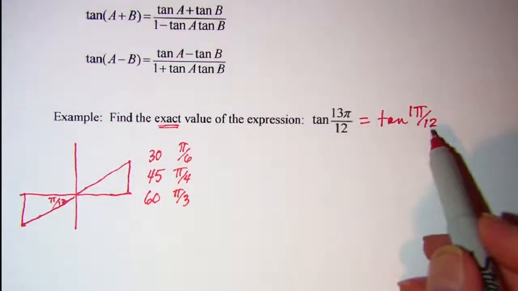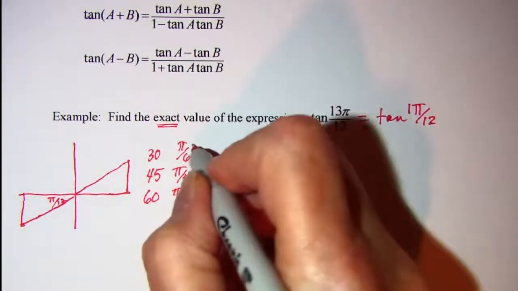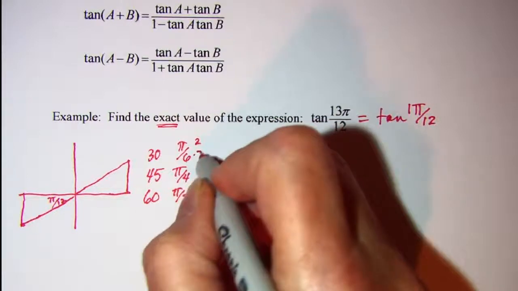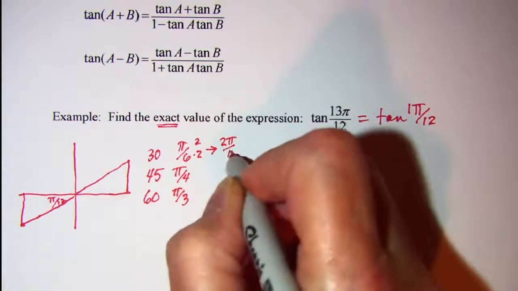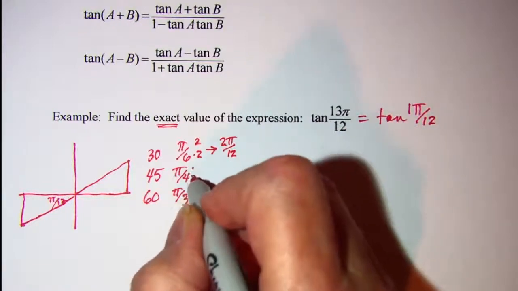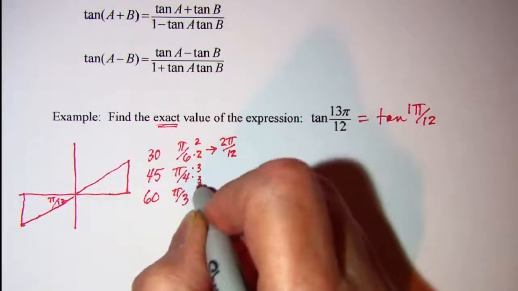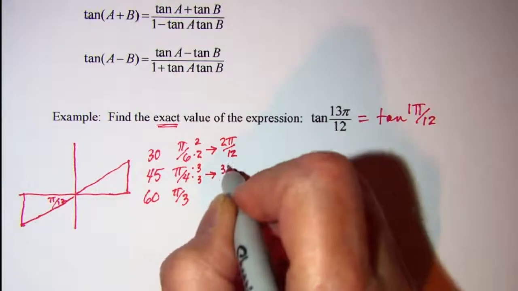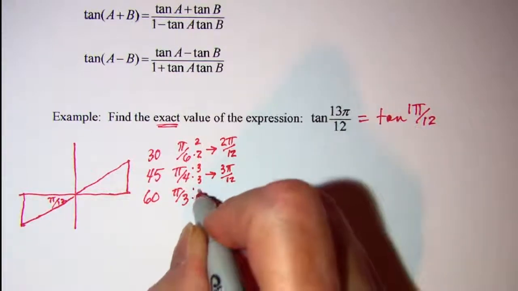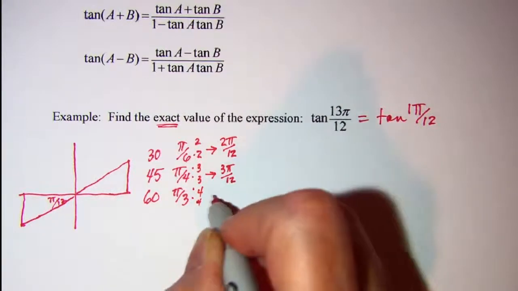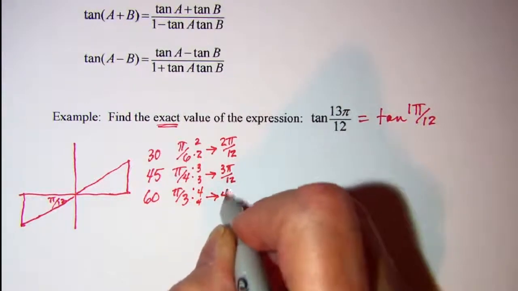Now, since this is in twelfths, let's go ahead and get a common denominator. This is 2 pi over 12. Multiply here by 3. So this one is 3 pi over 12. And multiply here by 4. And so this is 4 pi over 12.